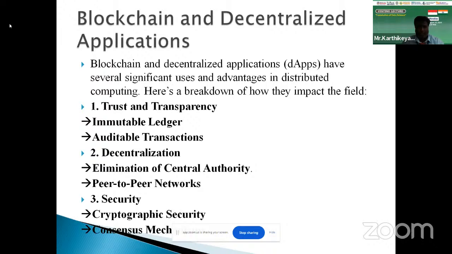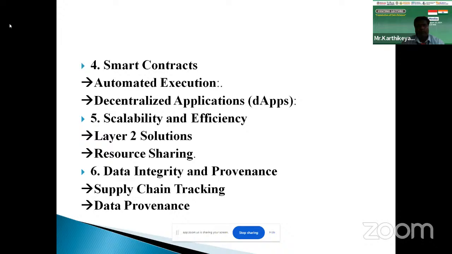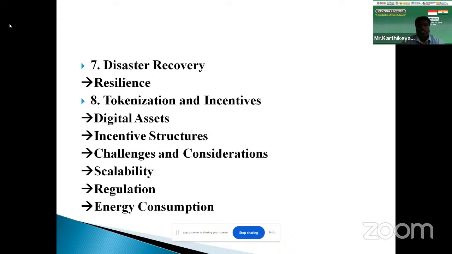The first one is trust and transparency. Second one, decentralization. Third one, security. Fourth one, smart contracts. Fifth one, scalability and efficiency. Sixth one, data integrity and provenance. Seventh one, disaster recovery. Eighth one, tokenization and incentives.